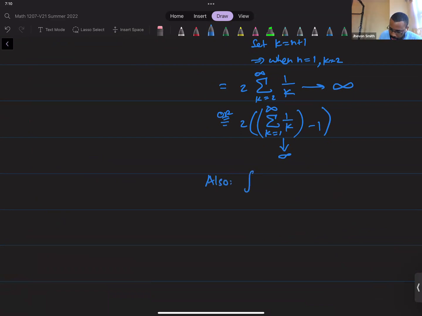if you do the integral test on this, let me make a note that the conditions for the integral test apply, because it's a positive decreasing continuous function.